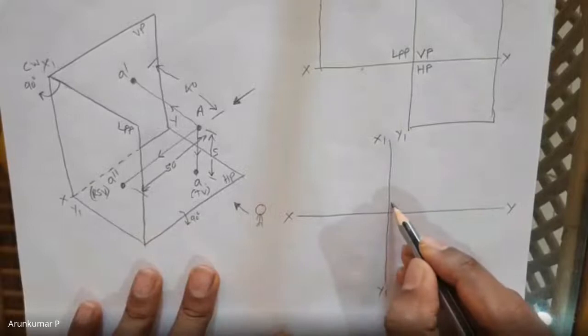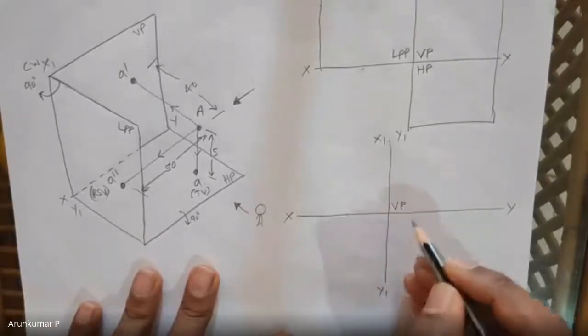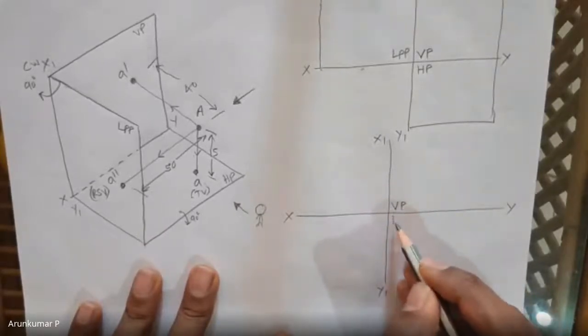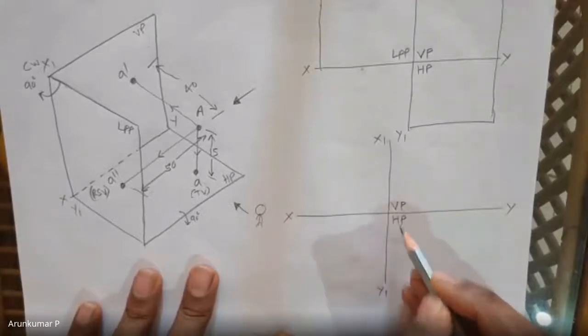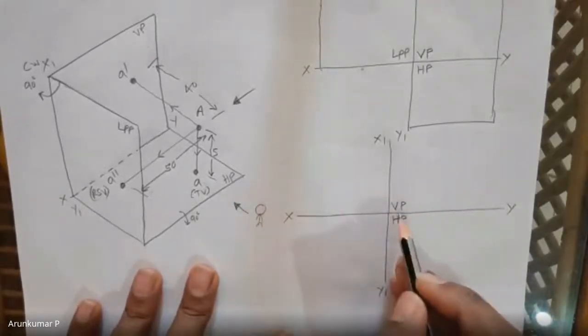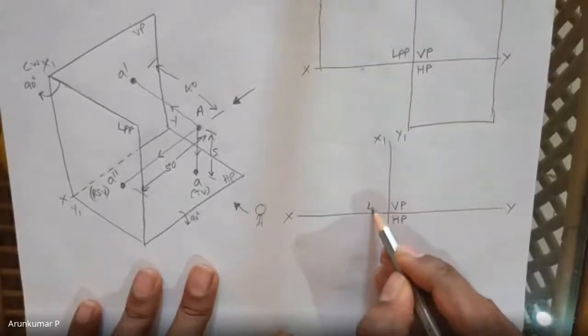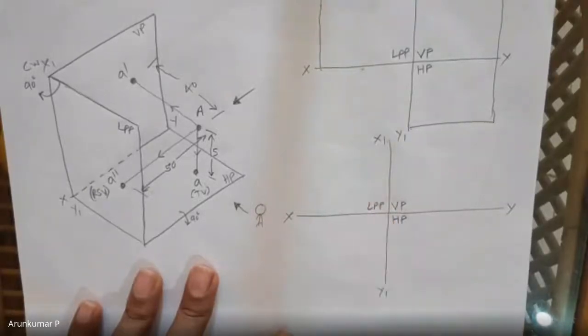So this is the vertical plane. Below VP you have the horizontal plane. And beside VP you have the left profile plane.